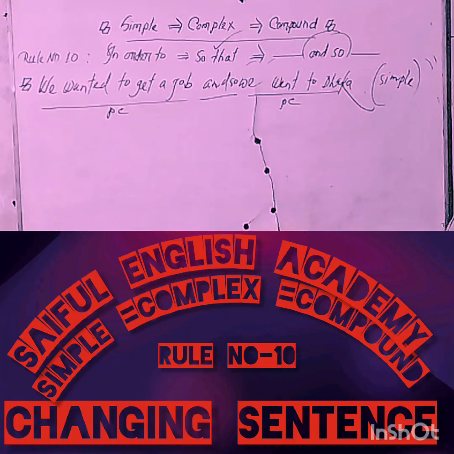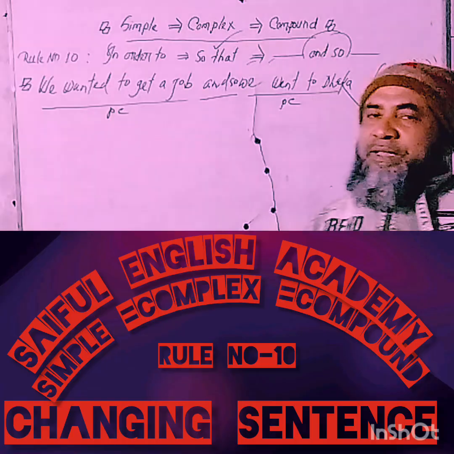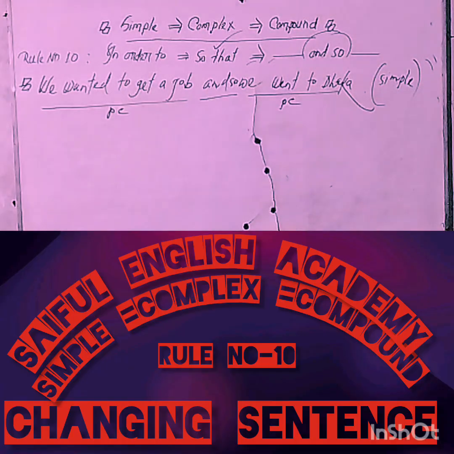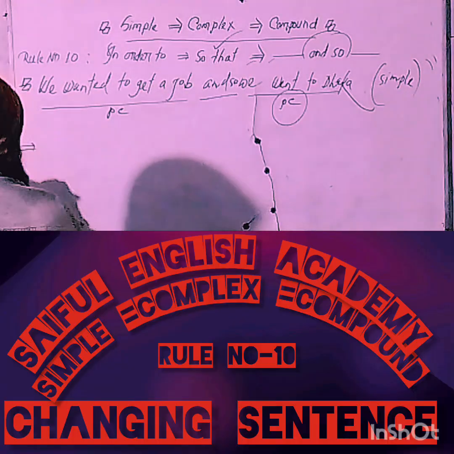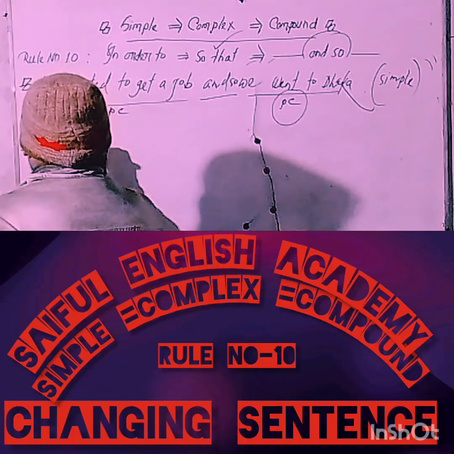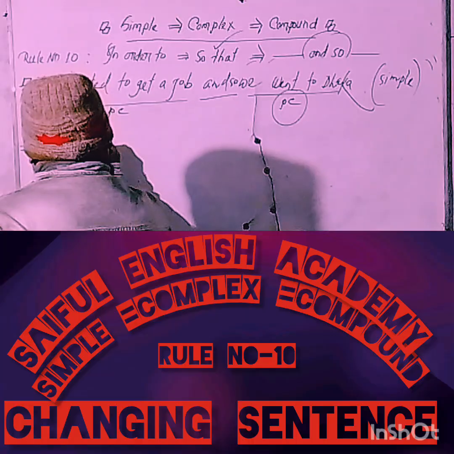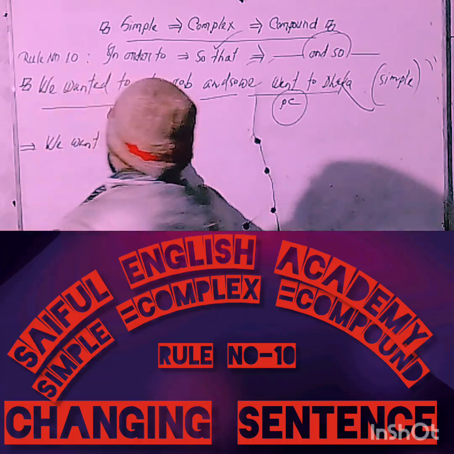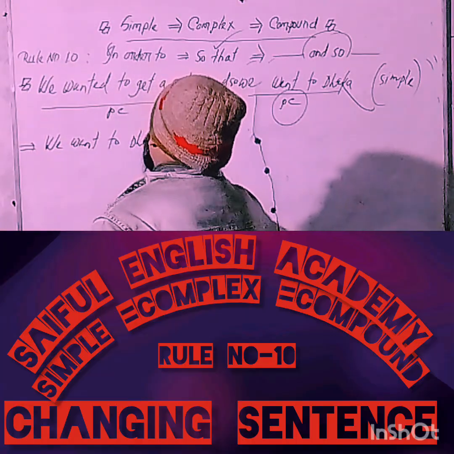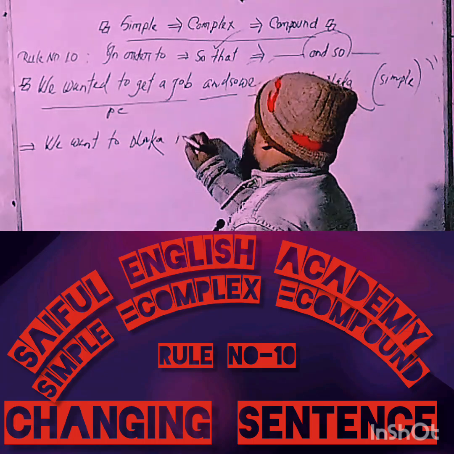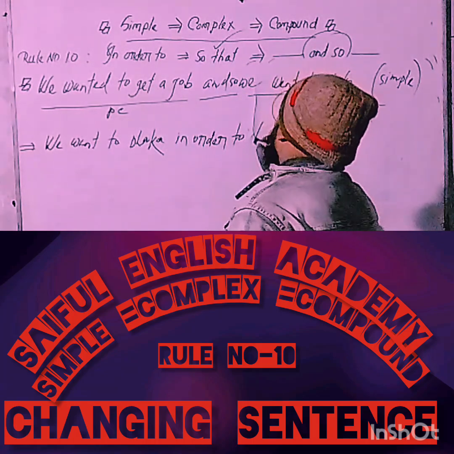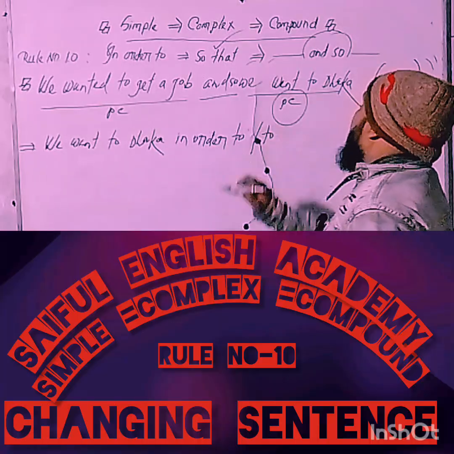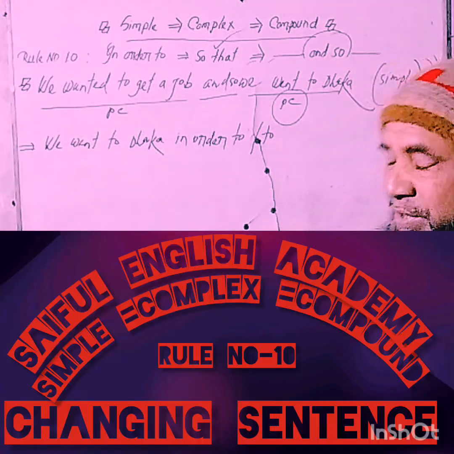So, my dear learners, what steps should you take? In this case, you'll have to mind that, my dear learners, at first you'll have to write the second principal clause first of the statement. In the middle of the statement, you'll have to write "in order to". Of course, you may write infinitive "to".